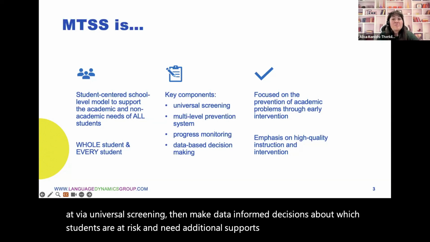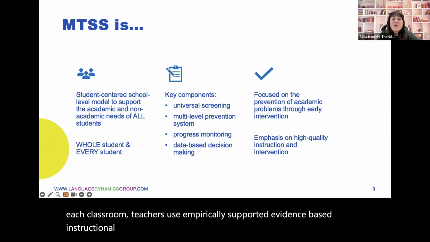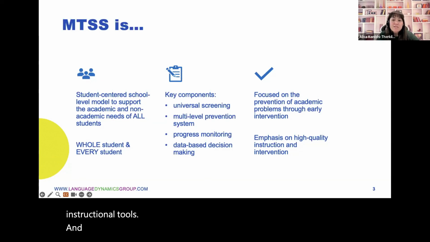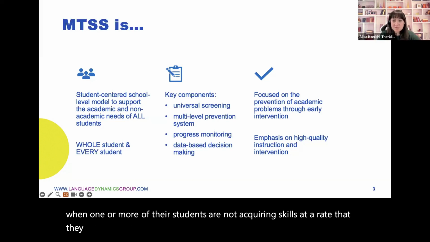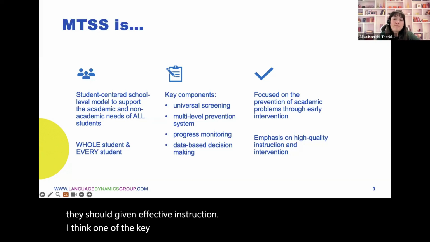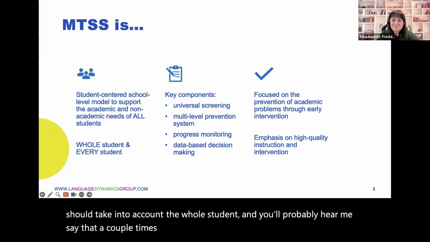Then, already in place in each classroom, teachers use empirically supported, evidence-based instructional tools and monitor students' progress as needed so that they can intervene early when one or more of their students are not acquiring skills at a rate that they should, given effective instruction. I think one of the key takeaways here is that MTSS is for every student and should take into account the whole student. And you'll probably hear me say that a couple times tonight.